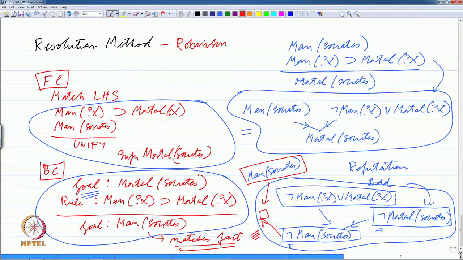So, in this example, if you have these three clauses, that Socrates is a man and all men are mortal, and Socrates is not mortal, which is the third clause that we add, which is a negation of the goal, then these three clauses, this one, and this one, these are unsatisfiable.